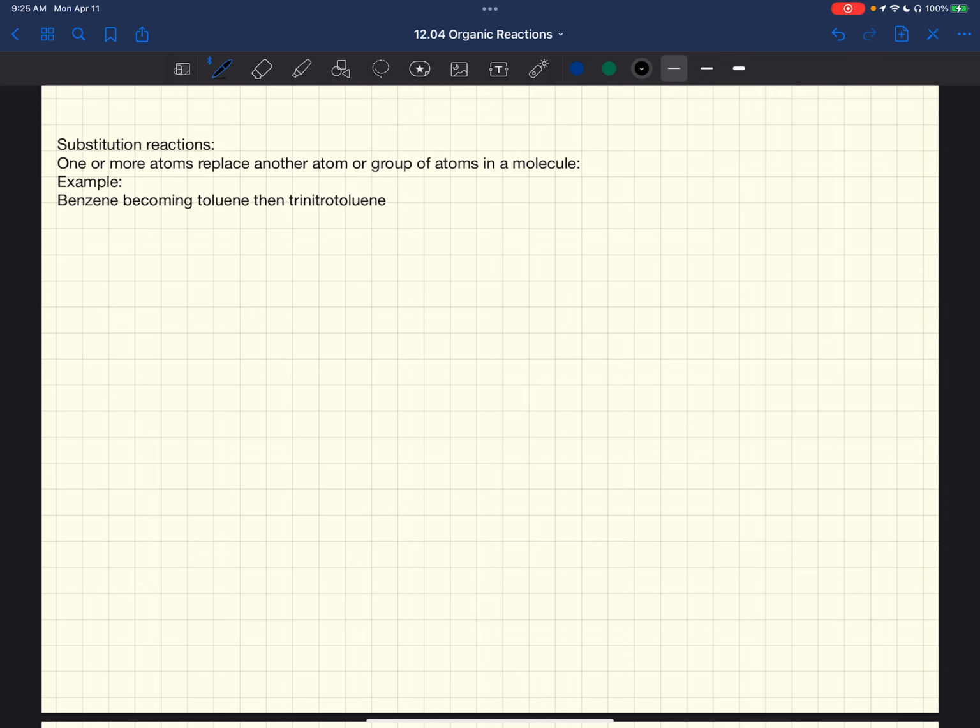So, the first one that we're going to talk about is a substitution reaction, where one or more atoms replace another atom or group of atoms in a molecule. So we have a benzene ring. And remember that the benzene ring has hydrogens coming out of all of these carbons.